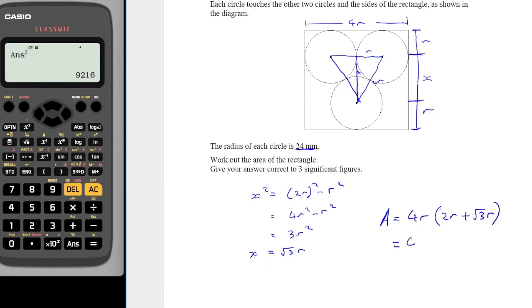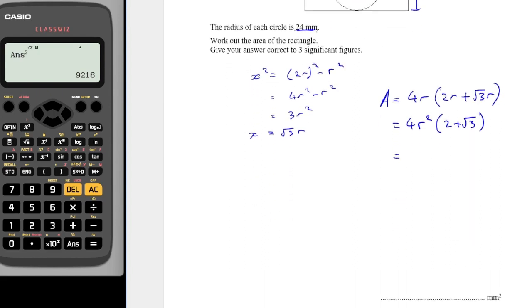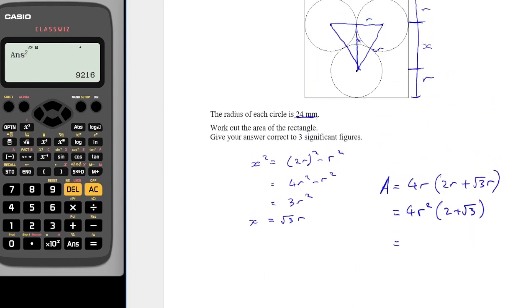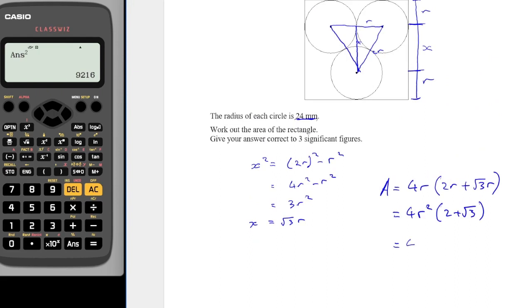So in effect that's going to be 4r squared times 2 plus root 3. Now I'm going to substitute in the value for the radius as 24 millimeters. Are we working in millimeters? We are working in millimeters squared. So it should be 4 lots of the radius, so 24 all squared, times 2 plus root 3.